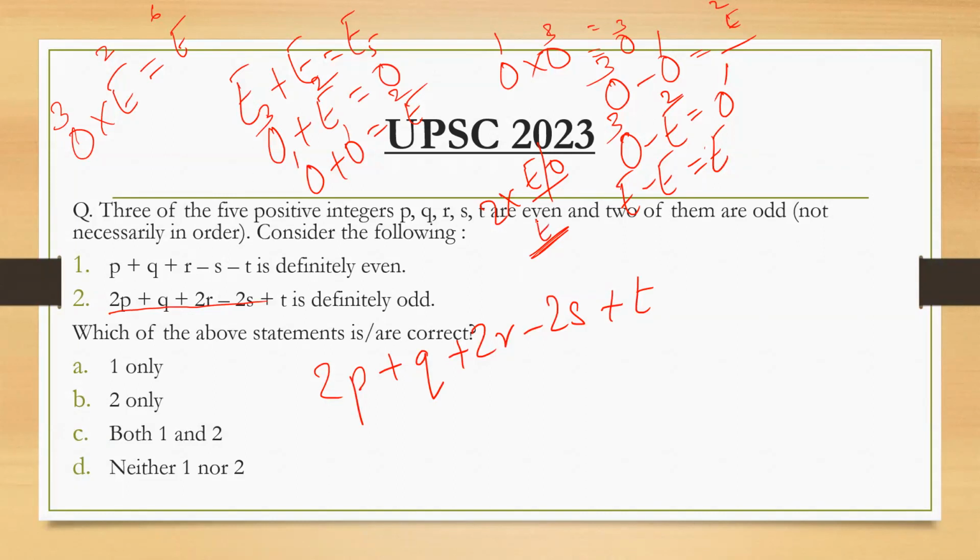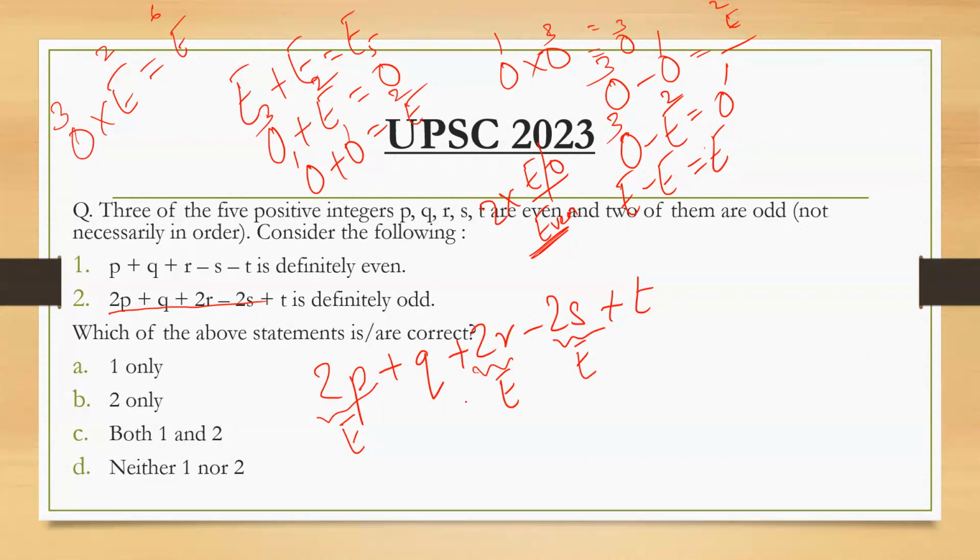It will be even. That is 2 into anything. It can be odd or it can be even, it does not matter. So this will be even for any value of p. p could be odd, p could be even, 2p will be even. Similarly, 2r will be even. 2s will be even.